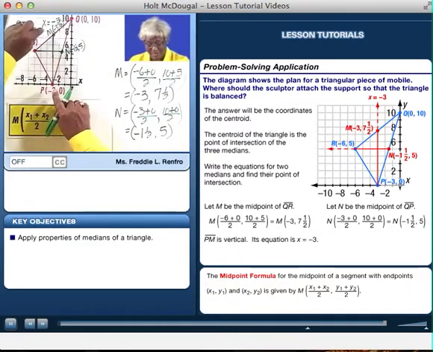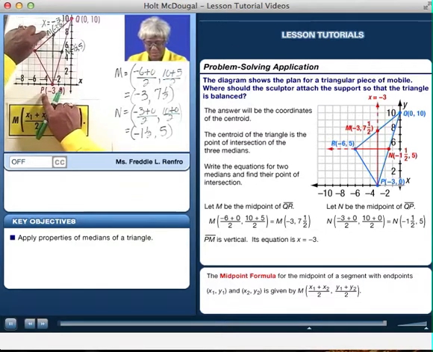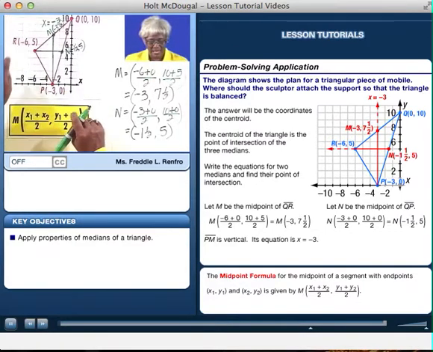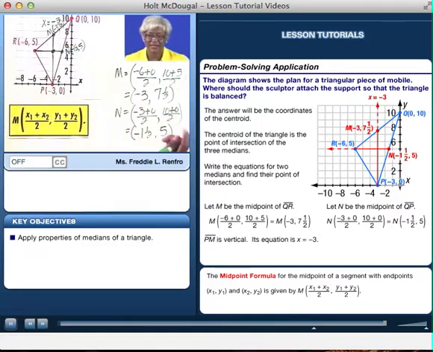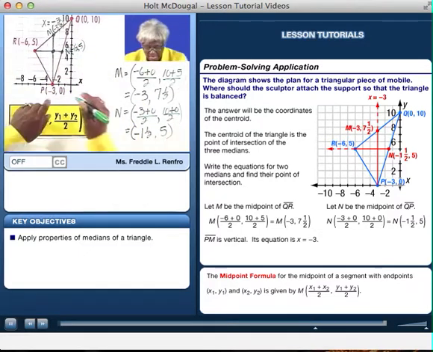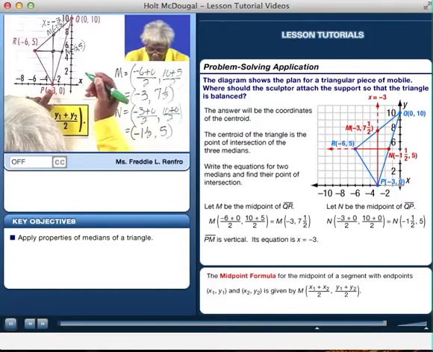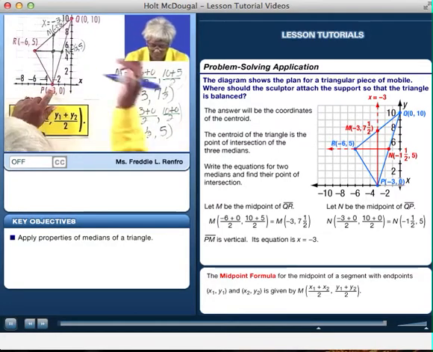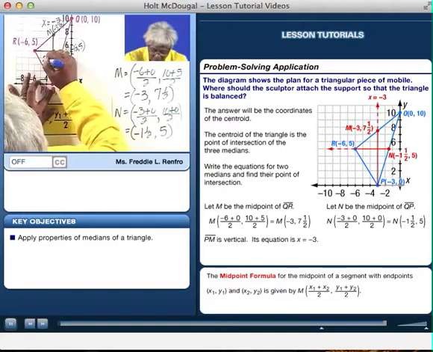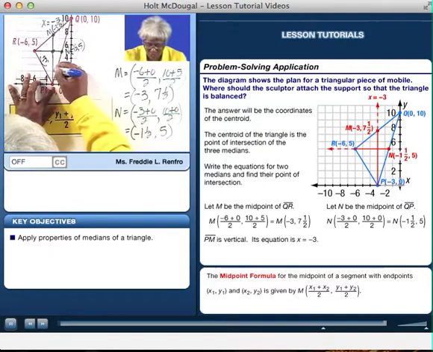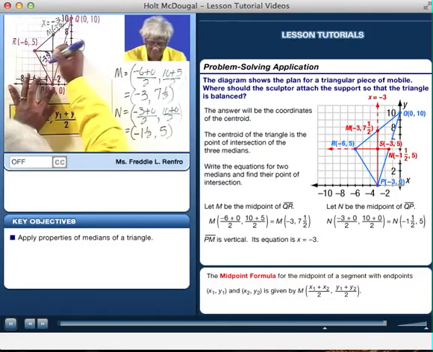Look at this. The median, line segment MP, and the median, line segment RN. Where do they intersect? They intersect at negative 3, and going 1, 2, 3, 4, 5, 5.